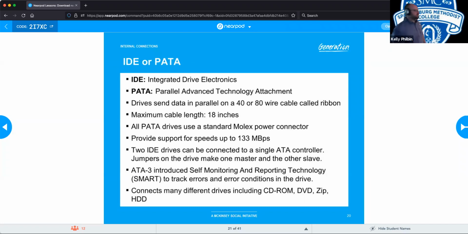PATA drives tend to use the standard Molex power connector. Not very quick. They're only about 133 megabytes per second. And we just talked about the two IDE drives can be connected to a single ATA controller. Jumpers on the drive make one the master and the other slave, or primary and secondary. ATA 3 introduced self-monitoring and reporting technology, or SMART technology, with regards to drives.